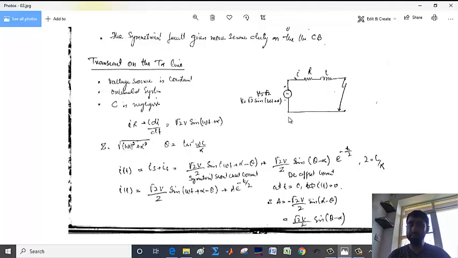We know that this steady state current will be equal to root 2 V by Z sine of (omega t plus alpha minus theta).